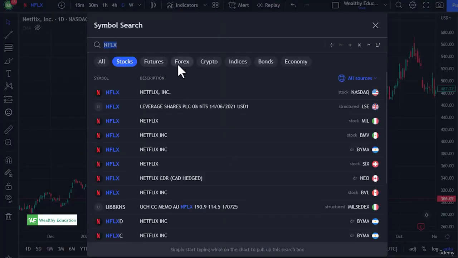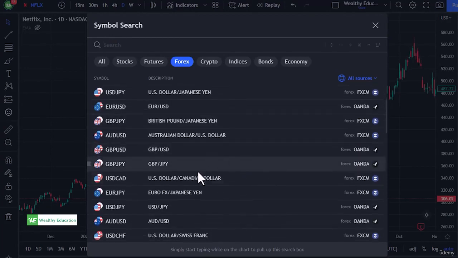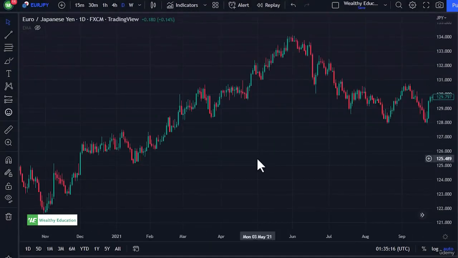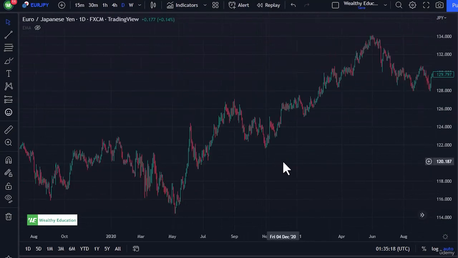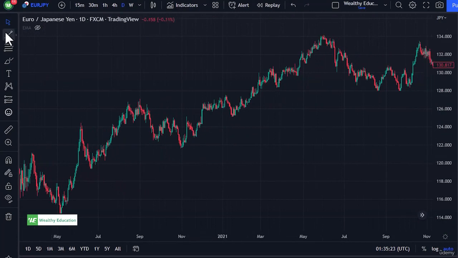Go ahead and take a look at Forex. Euro Japanese yen. We have that bullish pennant. Notice that we pulled back to the 120 level, and 120, of course, is a large round number.